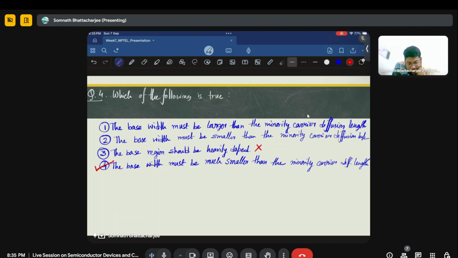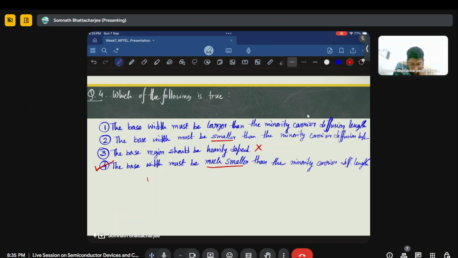So in this case as well, this is smaller and this is much smaller. So why the need for this much smaller? Being moderately doped, how does it change the much smallerness of the base width?